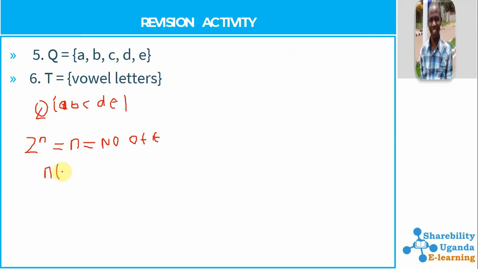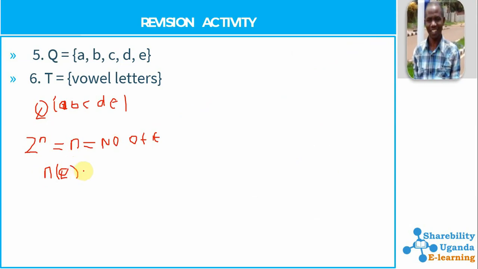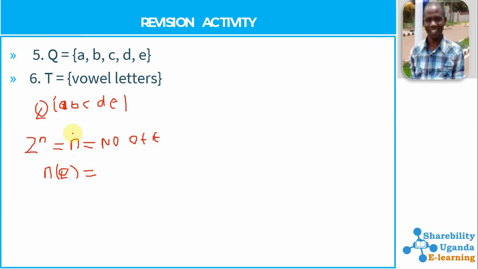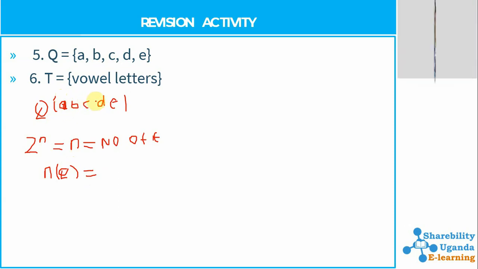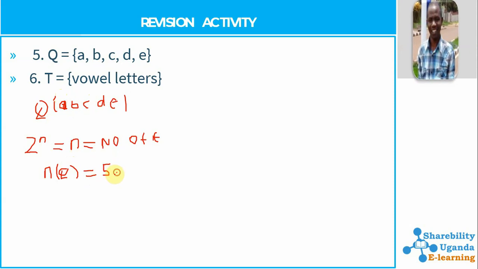The number of elements of set Q is got by just counting the first element, the second, the third, the fourth, then the fifth element. So our number of elements is only 5.